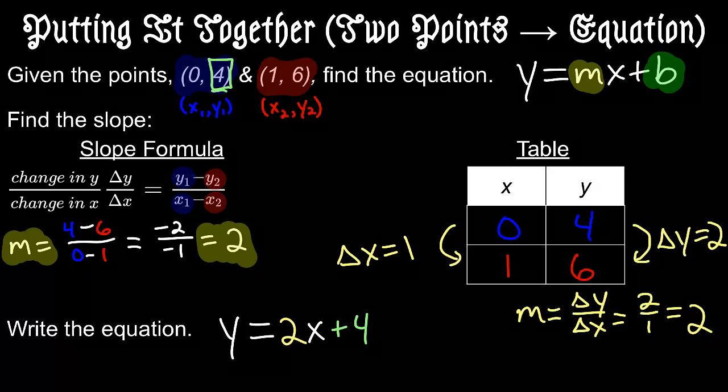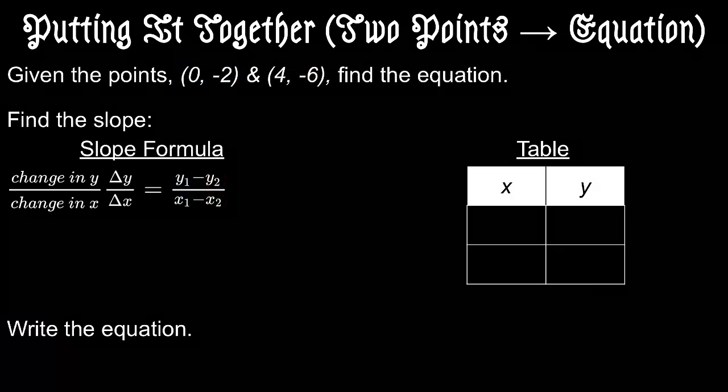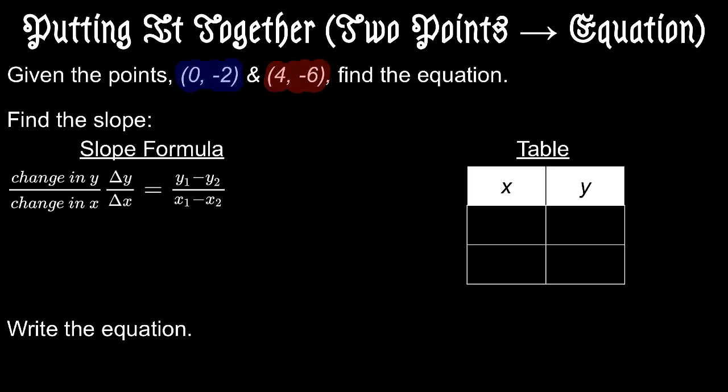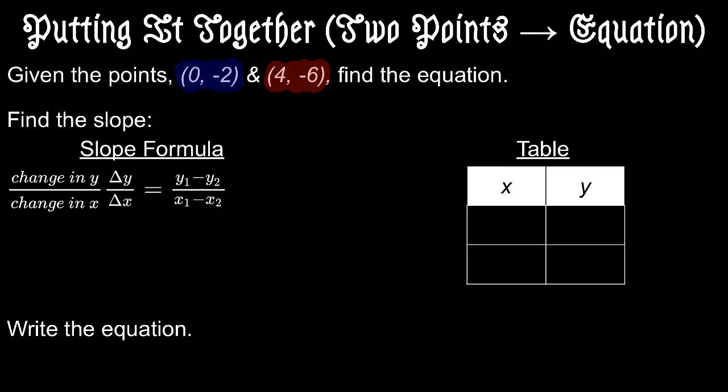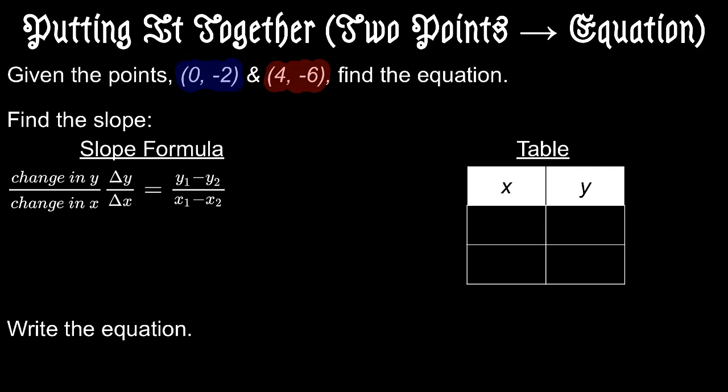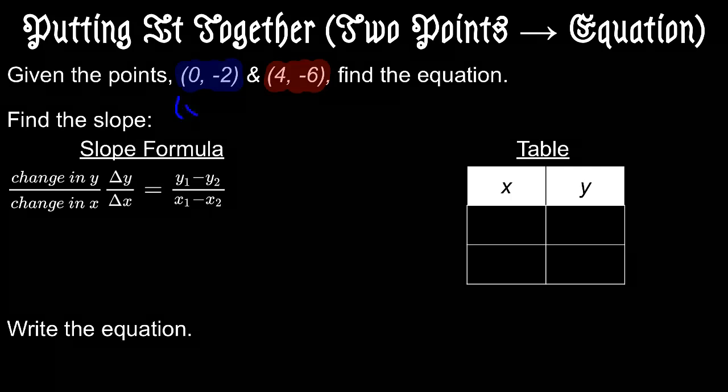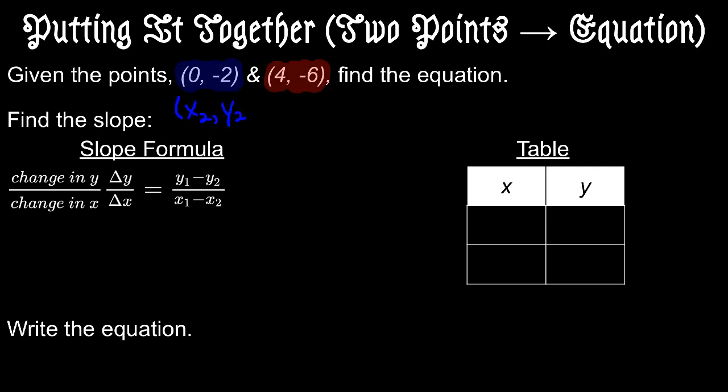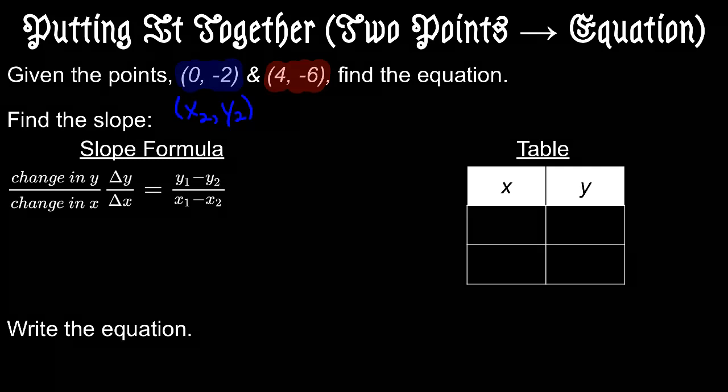I'm going to go over 2 more examples like this. All right. So here's one of our points. Here's the other point. And so this time, let's make our blue one our second point. So x2, y2, we saw that it doesn't matter which is which.